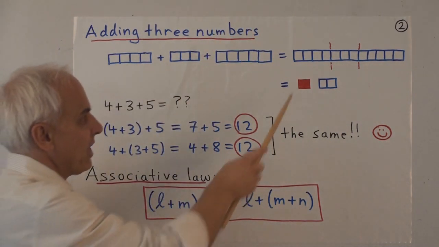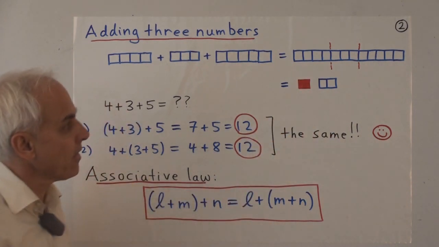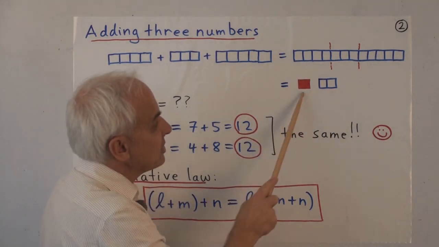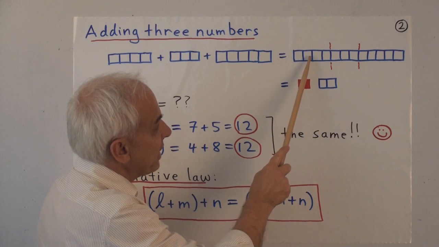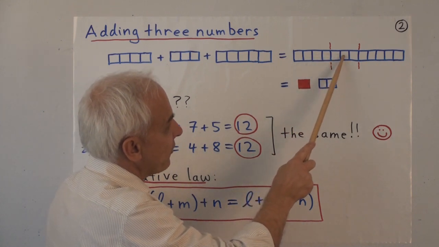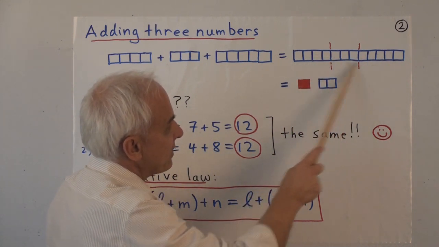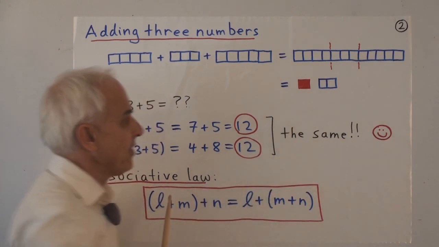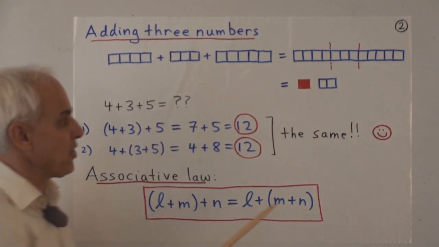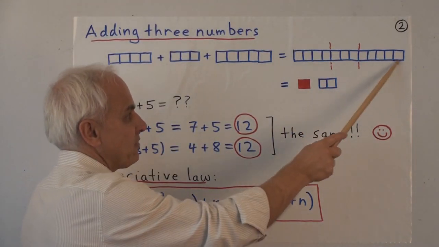Of course, either way we get the same result, which by the way is 10-2. If we peel off 10, 3, 4, 5, 6, 7, 8, 9, 10, then that 10 there is replaced by this red square in our kindergarten format and 2 left over.